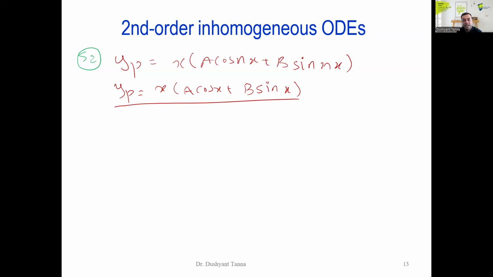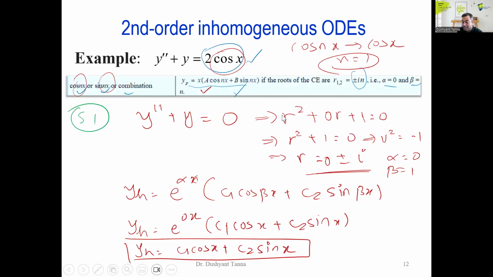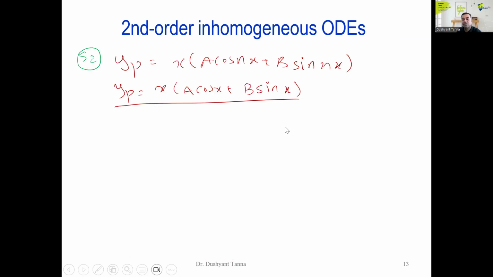You obtain y dash, y double dash, whatever your original question has, plug it in, compare, equate the equation, get your constants, in this instance A and B. Last question was A0, A1, A2. Obtain that, plug it back in yp. You got your yp, you already have your yh, add them. If there is an initial condition, which is none here, you go for step 4, which is a bit longer, but doable.